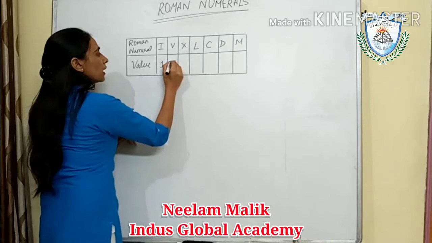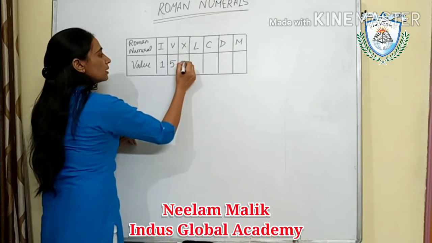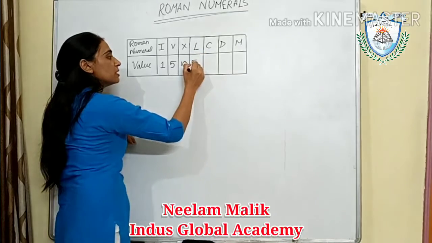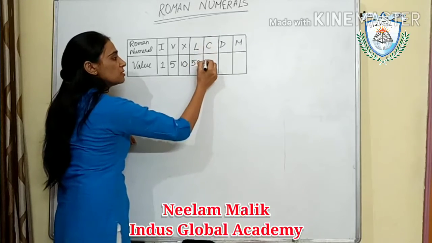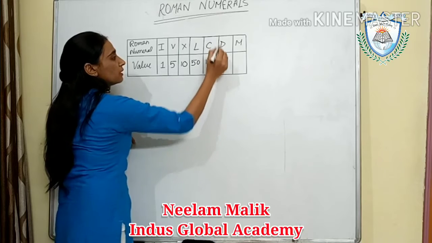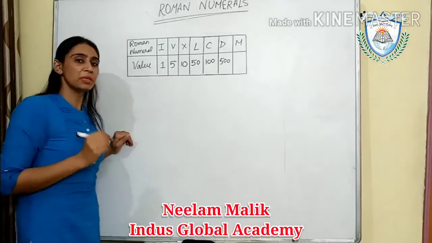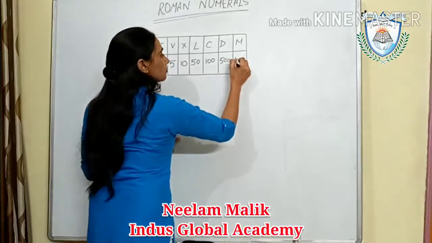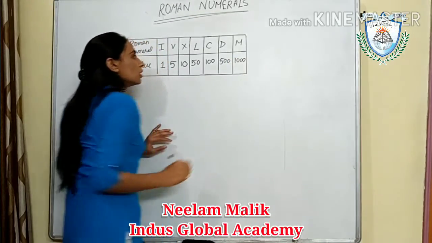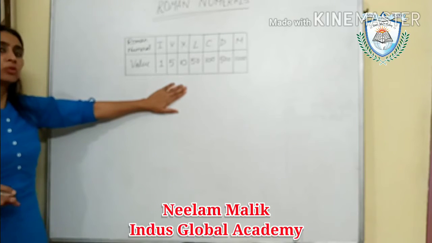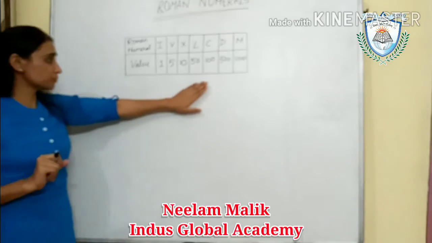V means 5. X means 10. L means 50. C means 100. D means 500. And M means 1000. Only these 7 letters we have to use to form all the numbers.